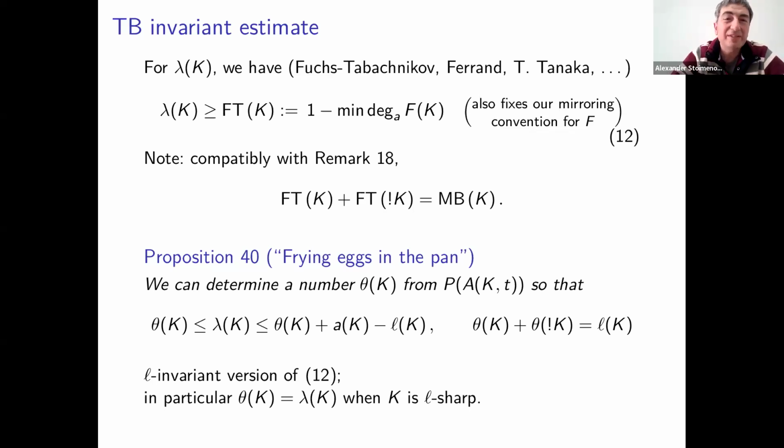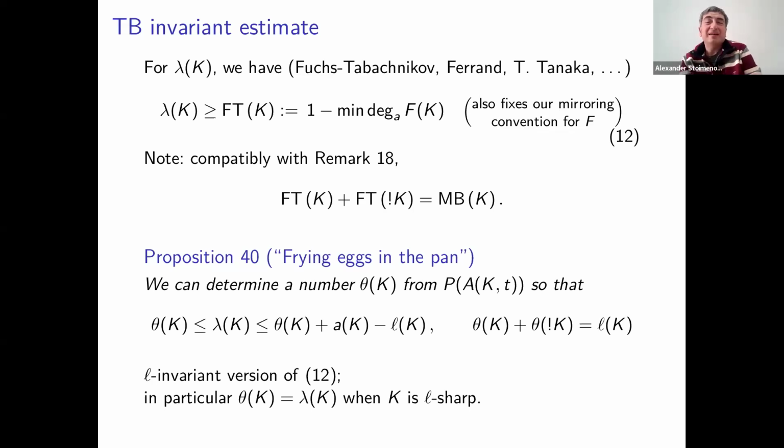And here is something else. So what can you say about the Thurston-Bennequin invariant? Now there is this bound of the Thurston-Bennequin invariant, which comes from the Kauffman polynomial, which is kind of, I don't know exactly the history, but it was popularized by Fuchs and Tabachnikov, and then also appears in work of Emmanuel Ferrand, Toshifumi Tanaka, and some others.